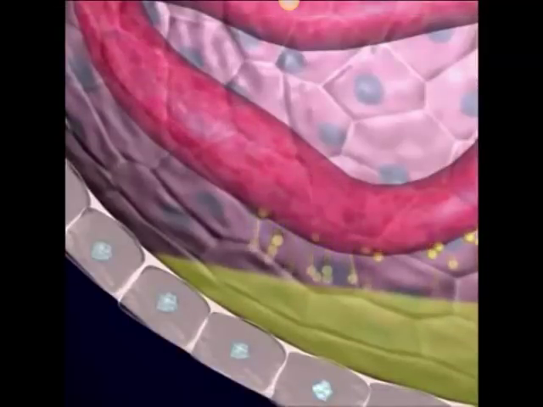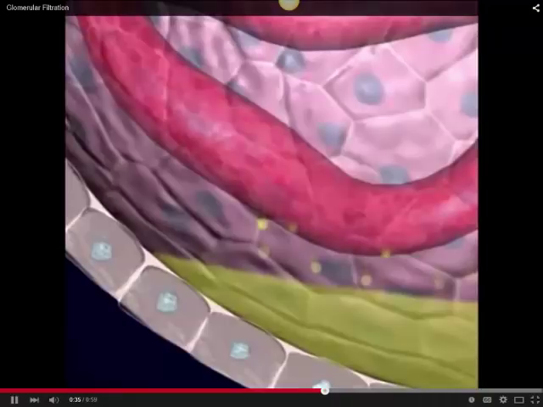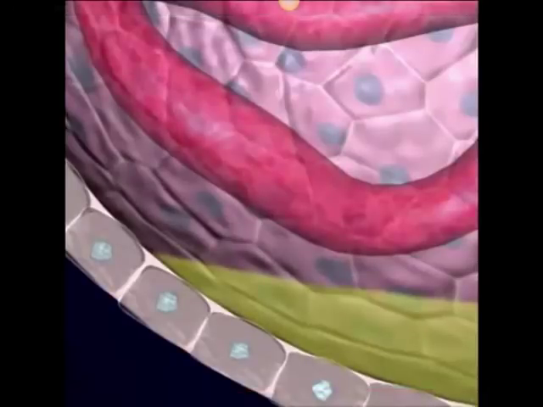The diameter of the pores determines which substances flow through and which remain. The only blood constituents that do not move into Bowman's capsule are the larger molecules such as blood cells and most plasma proteins, which exit the efferent arteriole. To summarize filtration, glomerular blood pressure causes filtration through the glomerular capsular membrane to create the glomerular filtrate.